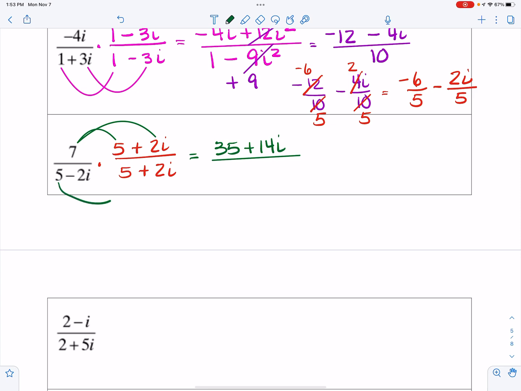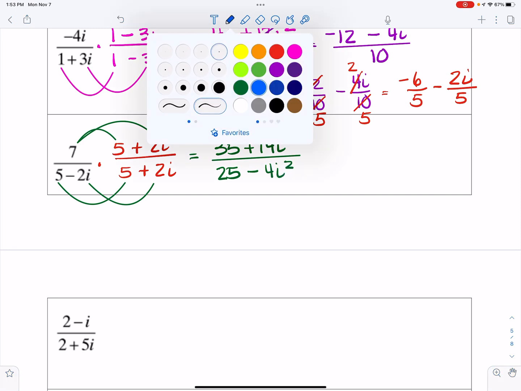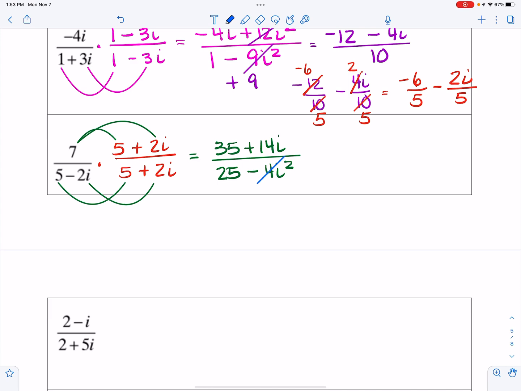And then I do first, 5 times 5 is 25, and negative 2i times positive 2i gives me negative 4i squared. And then I will eliminate that by replacing the i squared with a negative 1, so that makes that positive 4. So 35 plus 14i all over 29.